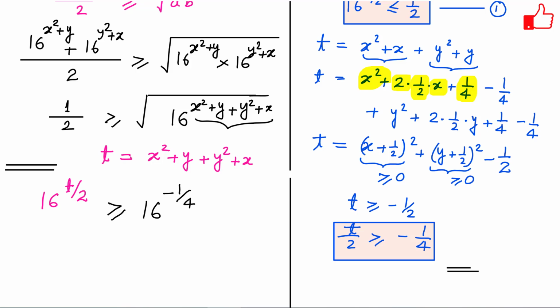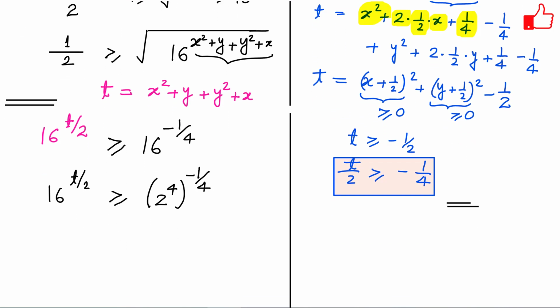So 16 raised to the power t by 2 is greater than or equal to 16, which can be written as 2 raised to the power 4, and this raised to the power minus 1 by 4, and we know that powers can be multiplied. So this will be 2 raised to the power 4 times minus 1 by 4.